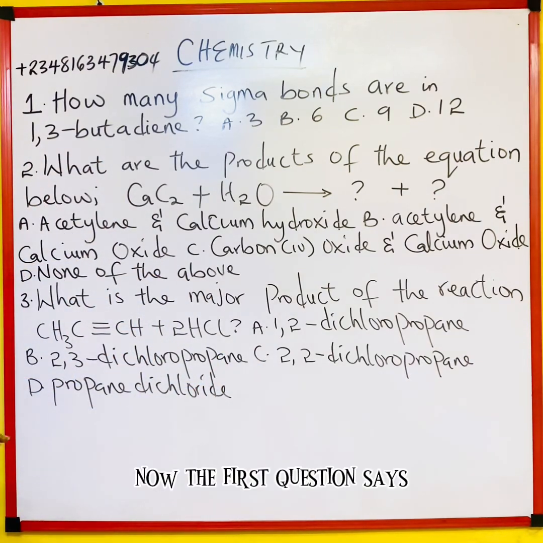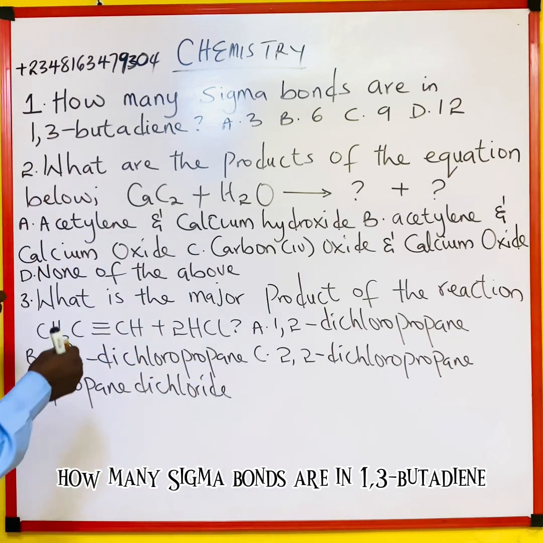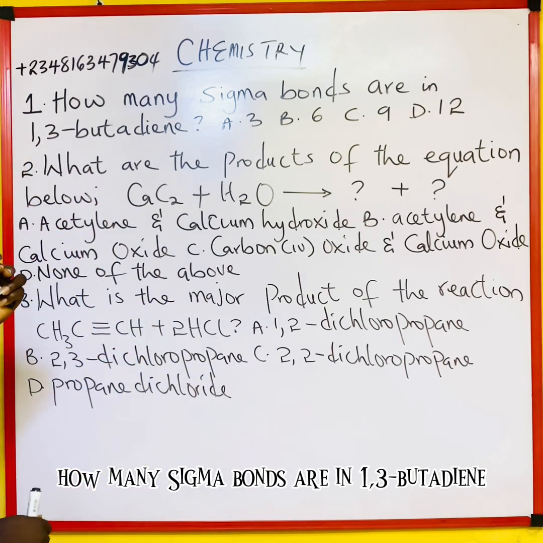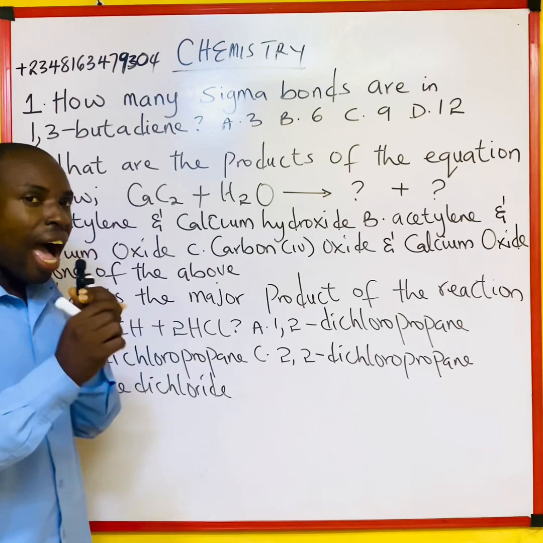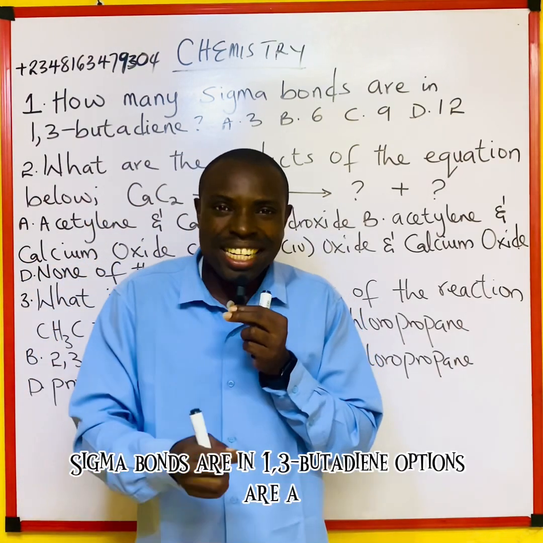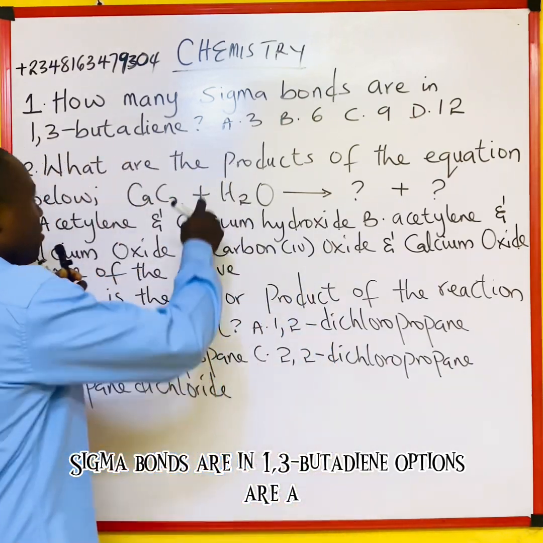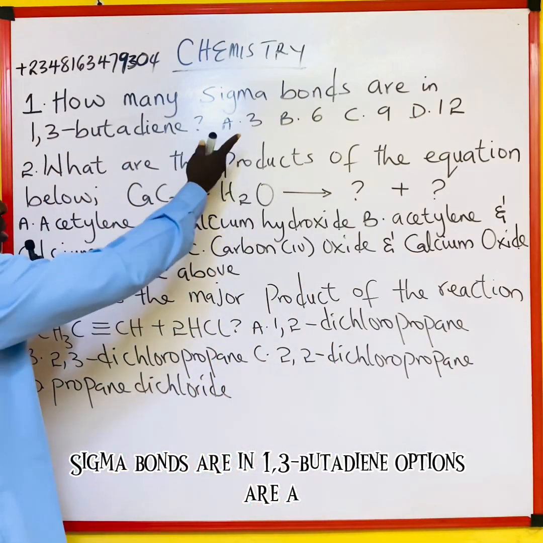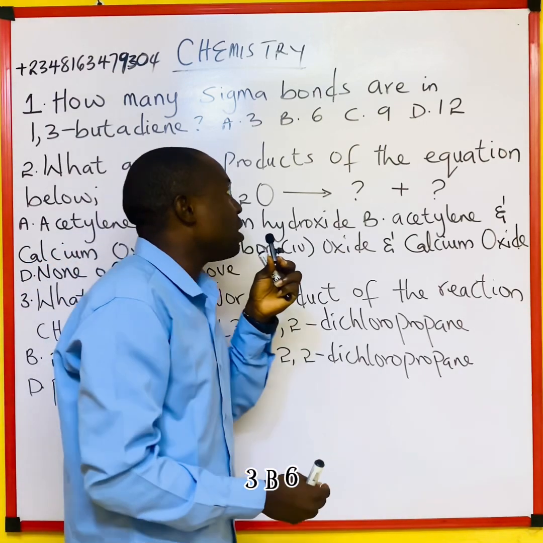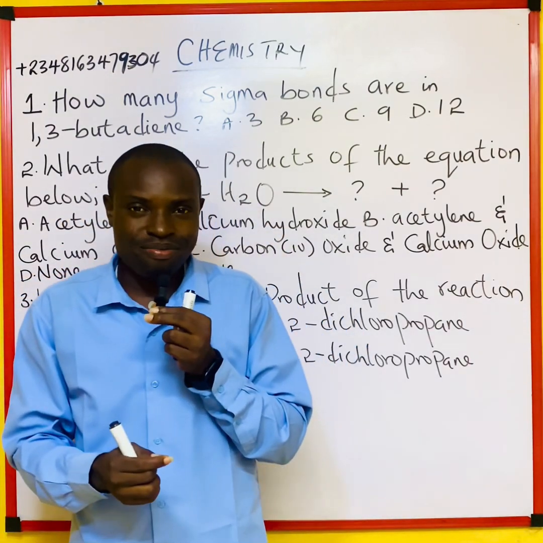Now, the first question says, how many sigma bonds are in 1,3-butadiene? Options are A 3, B 6, C 9, or D 12.